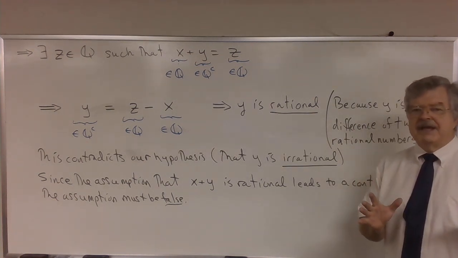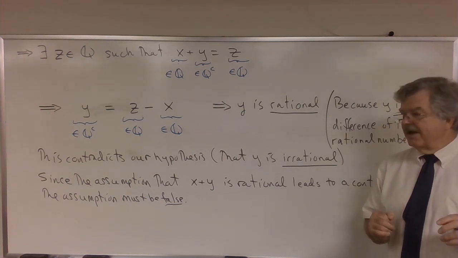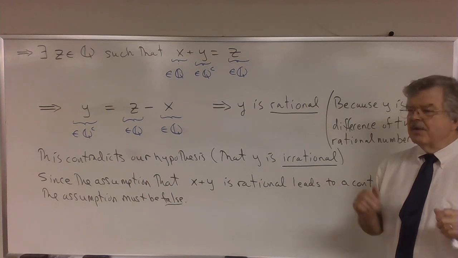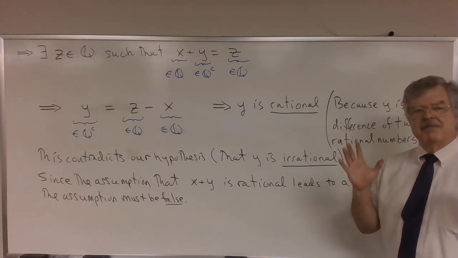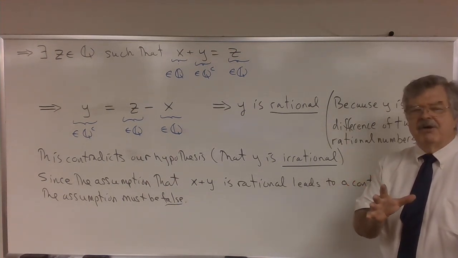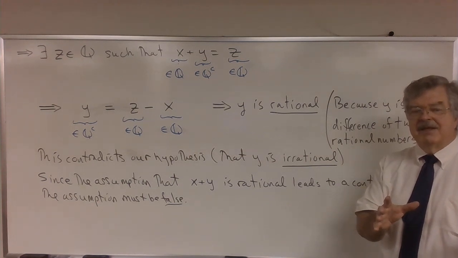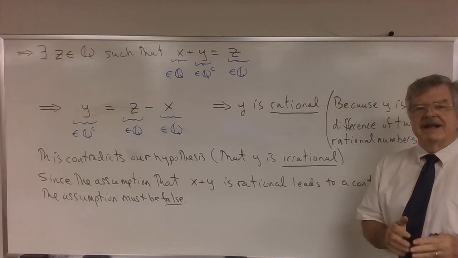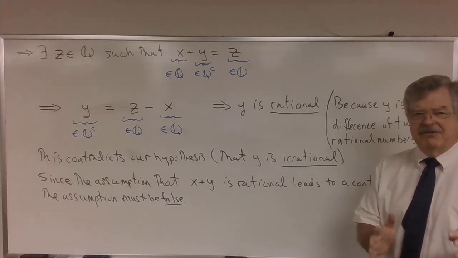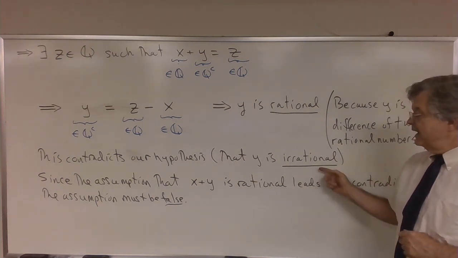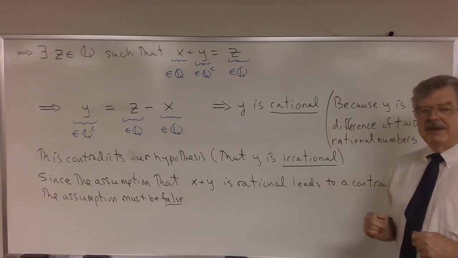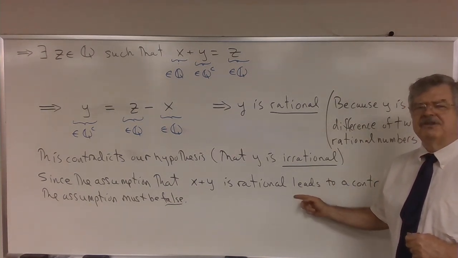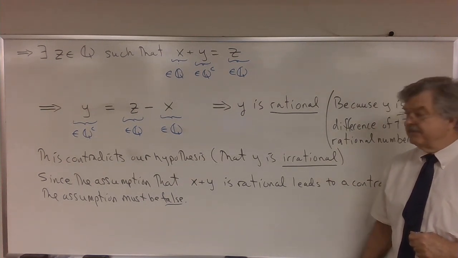Just like when a plane crashes, the FAA doesn't just say, oh, well, the plane crashed. When a plane crashes, they send a team of investigators out to collect all the evidence they can, reassemble as much of the plane as they can so that they can find out why the plane crashed. When we get a proof by contradiction, we want to make sure we understand why we got the contradiction. What was it that caused the contradiction?